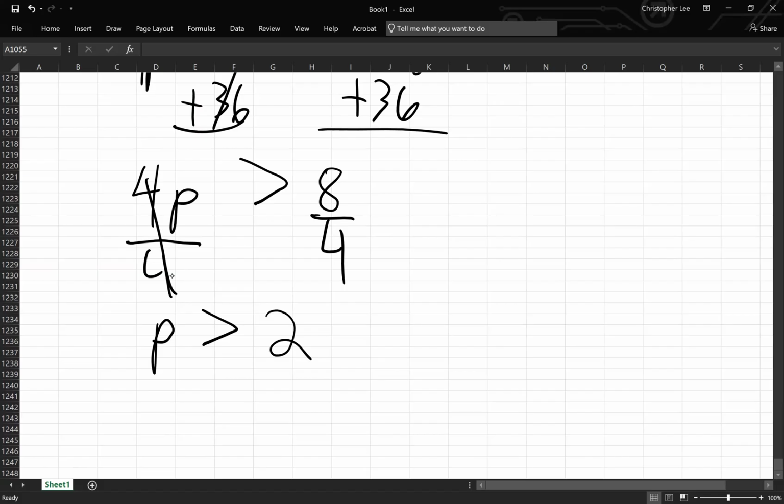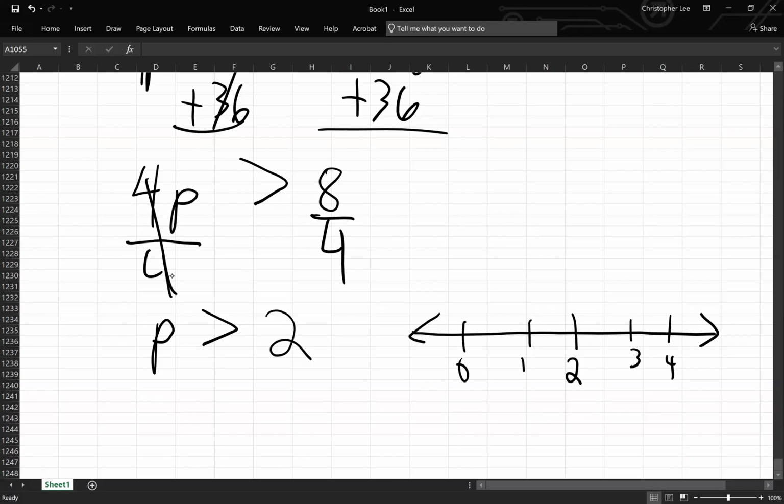All right? So now let's do the graph on a number line. I'm sorry. So now I have numbers that are bigger than 2, like let's say 3, let's say 4. Numbers smaller than 2, let's say 1, let's say 0. You get the idea, right? And then I want to do a parentheses here because this is greater than 2.